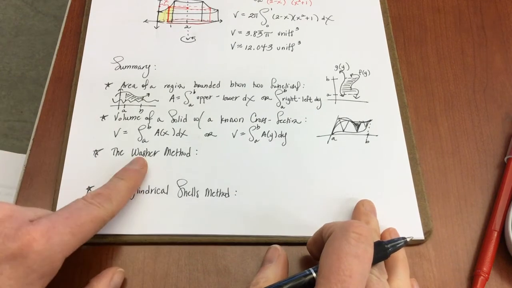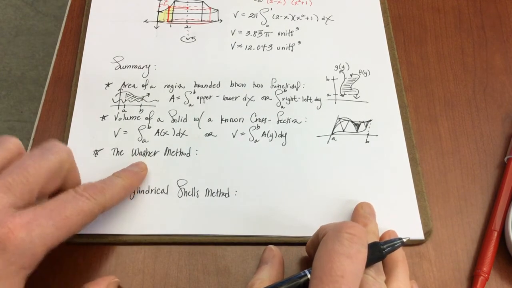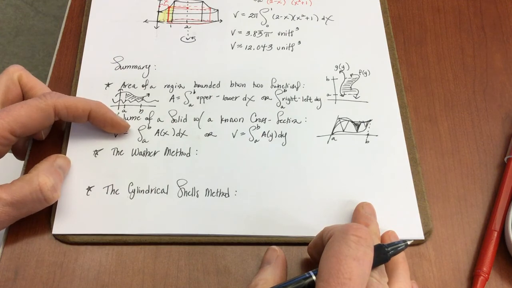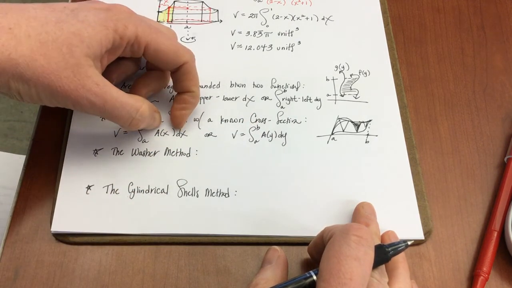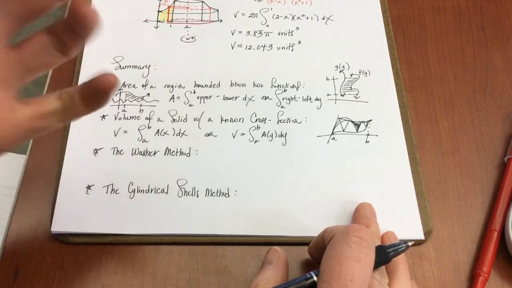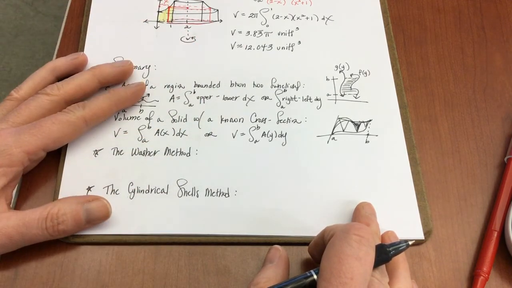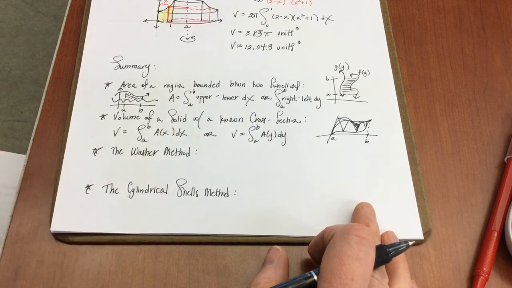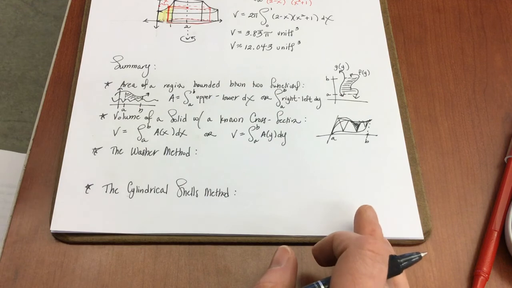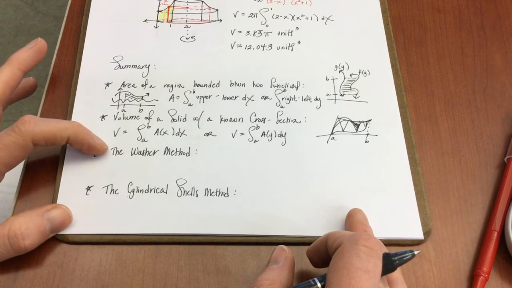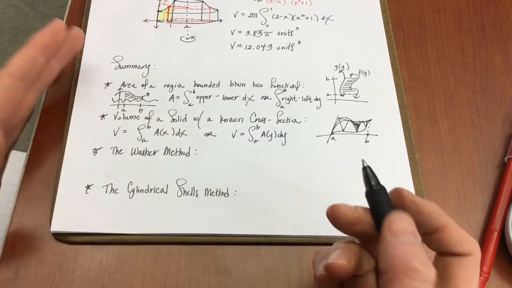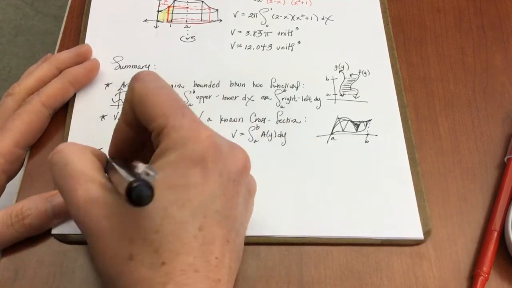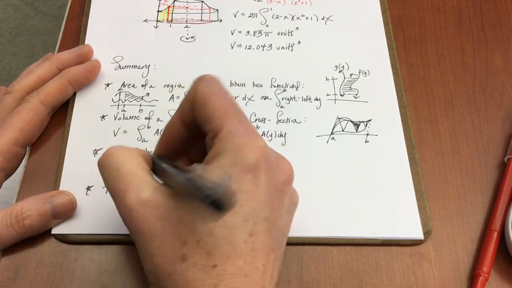Funny story, the washer method is really just a special case of the volume of a solid with a known cross-section. It's just that the area function we're using is the area of a washer, no big deal. And then there's also the disk method where your inner radius is basically 0, and you're just adding up a bunch of circles. If you really think about that, you might have a little breakthrough there if you've needed one.